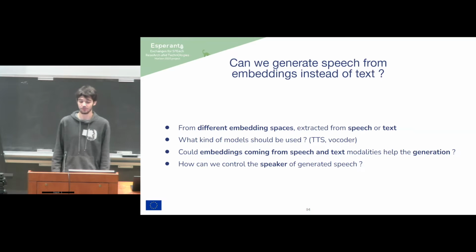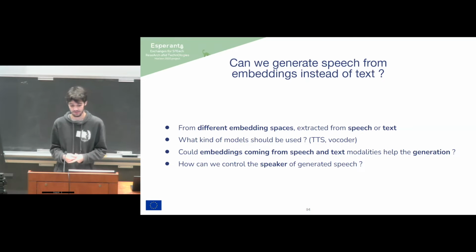And about the models we use, we tried different systems, mostly in two categories. The first one is a TTS model, which is usually used to generate speech from text, and a vocoder, which usually takes its input from some speech-related features, such as a mel spectrogram. The question we wanted to answer was how can we generate speech, and how can we help the speech generation, for example, by using different kinds of embeddings.